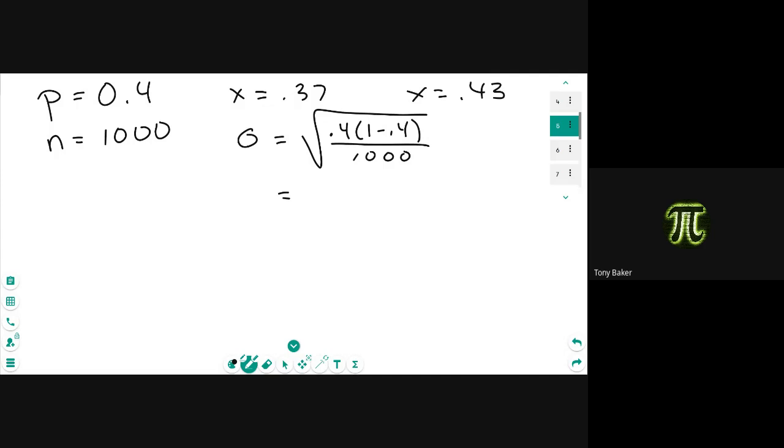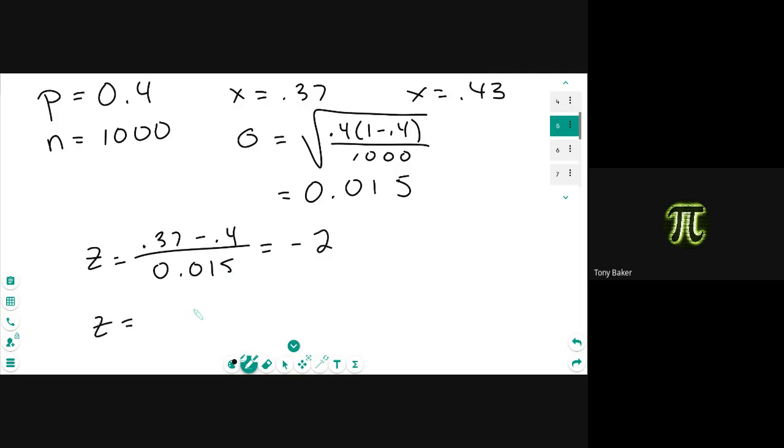My standard deviation is 0.015. So now if I find my z, we are at -2. That means my other z would be at +2, right?